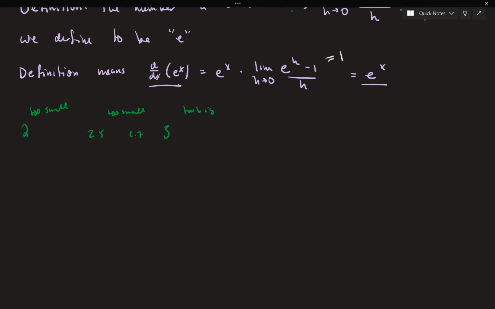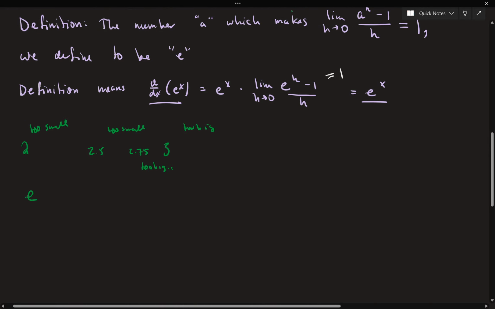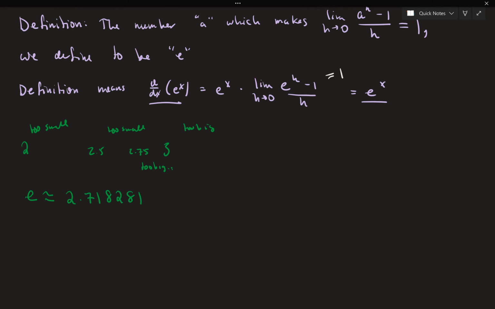You can try 2.75. You'll see that's too big. And this is how you can find decimal places of this number. If you do that over and over, you'll get 2.718281828, and it goes on. By the way, it does not repeat. It's 1828, 1828, but the numbers change after that. That's just all I know.